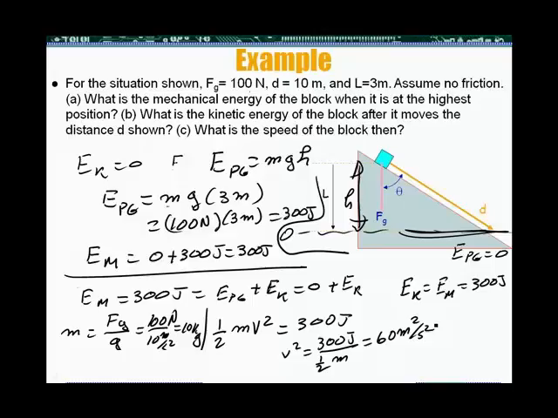That will give us 7.75 meters per second. I need to write it separately since this is saying v squared. So v is 7.75 meters per second. And that's my answer.